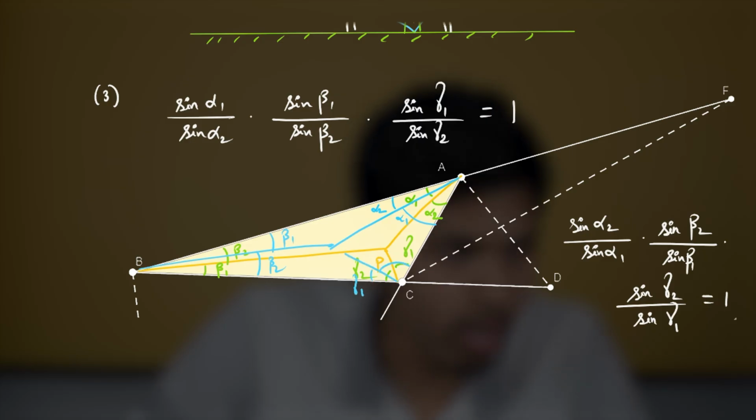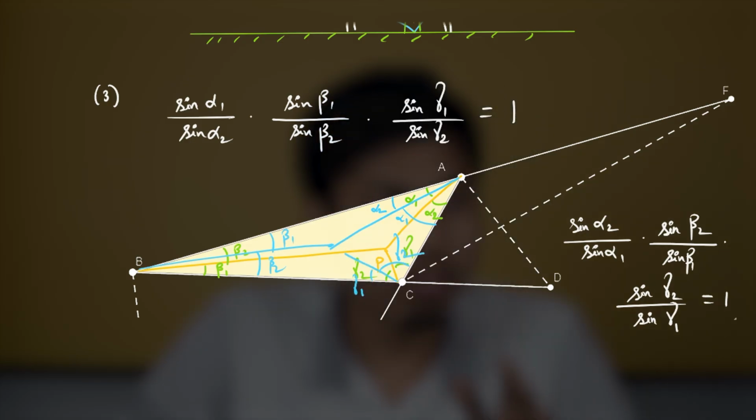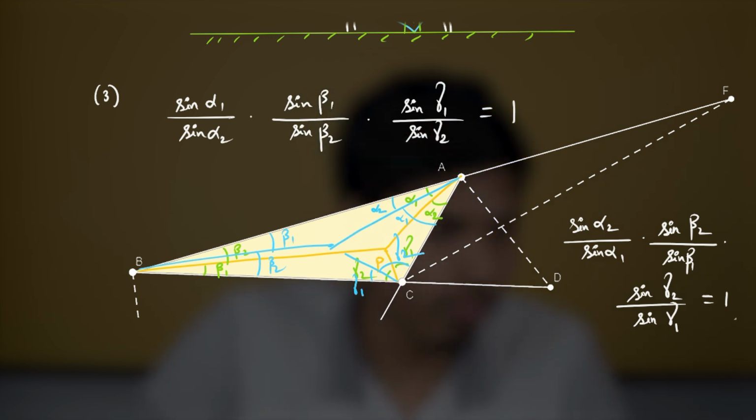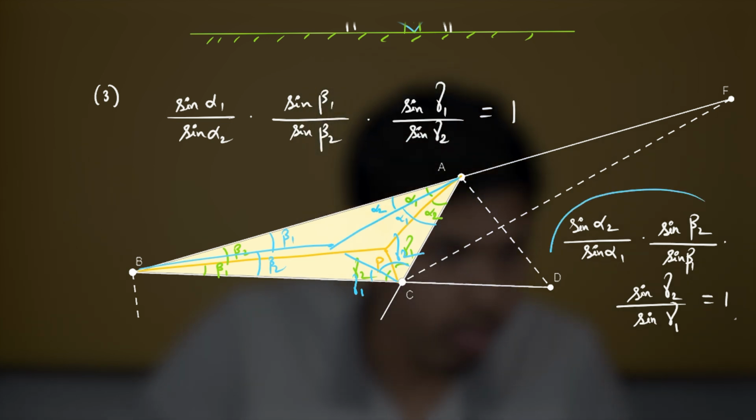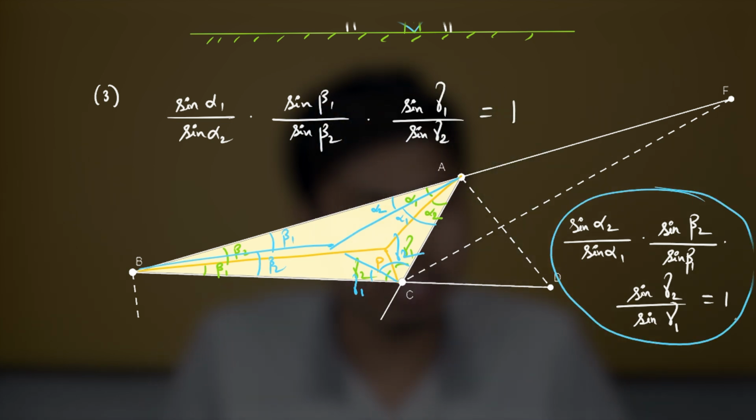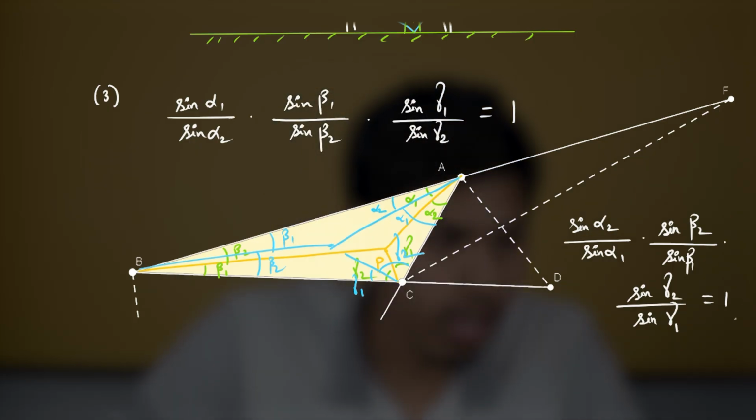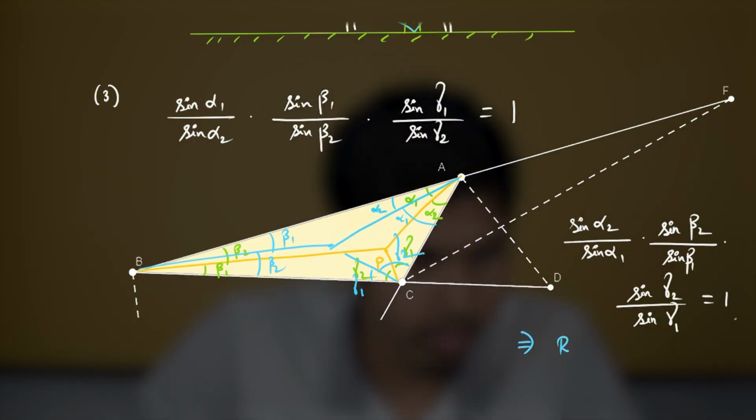That is, this will be gamma 1 and this will be gamma 2, will also concur at a point because of this inverted trigonometric ratio of Ceva's theorem, which implies that reflected rays concur at a point.